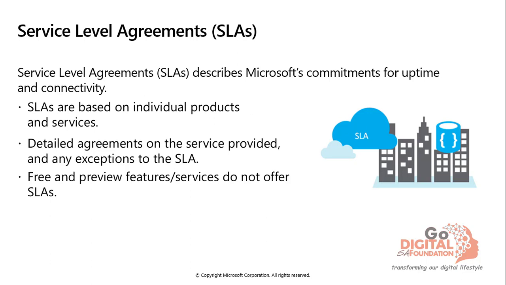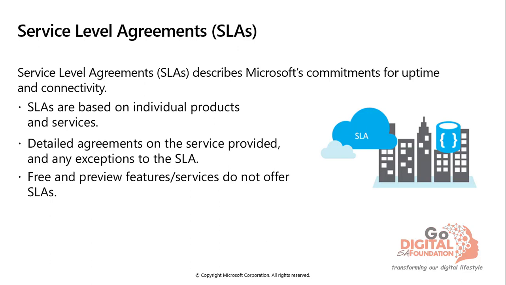So SLAs are based on individual products and services. So with Azure, there are different types of service level agreements. You can get a service level agreement for a virtual machine, for storage, for networking, for security.